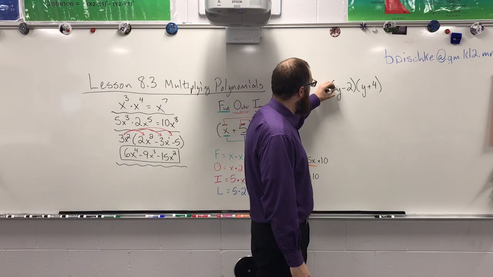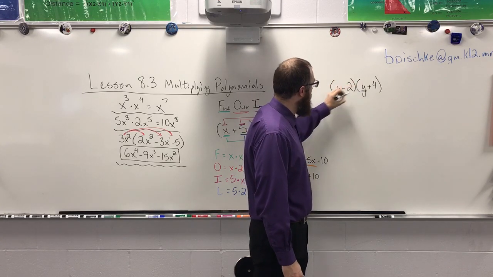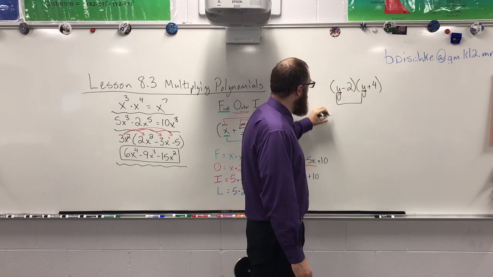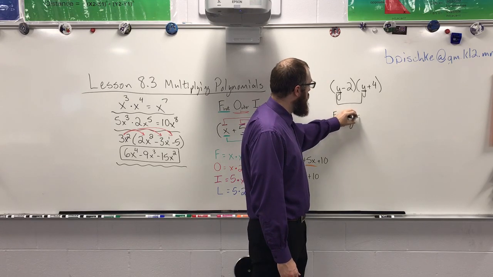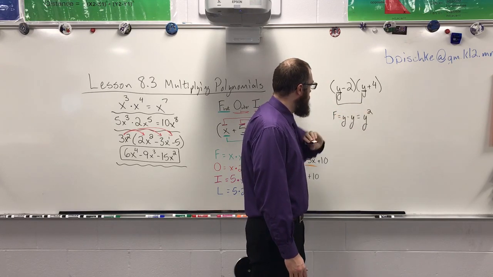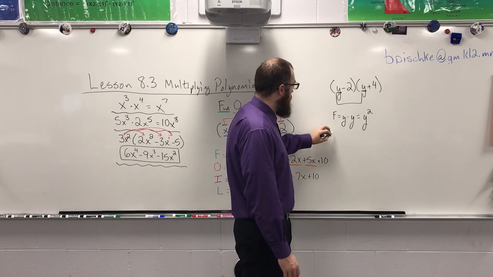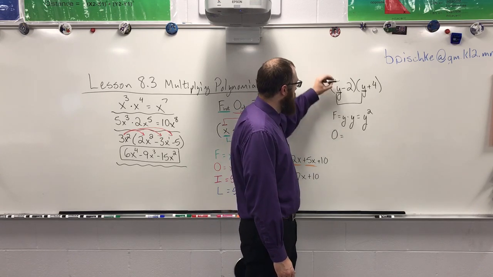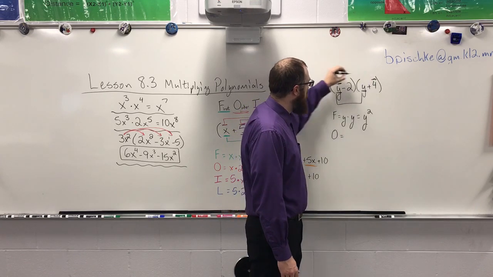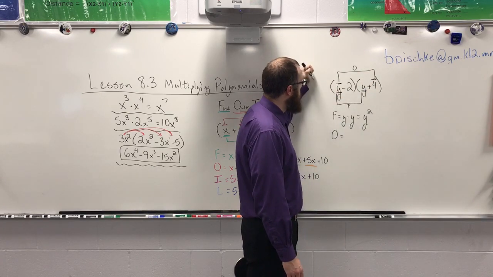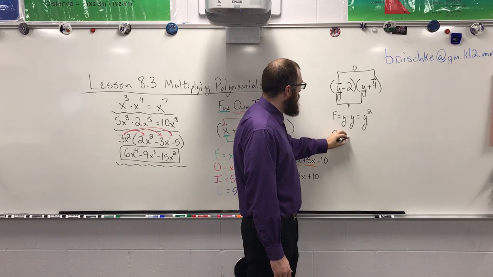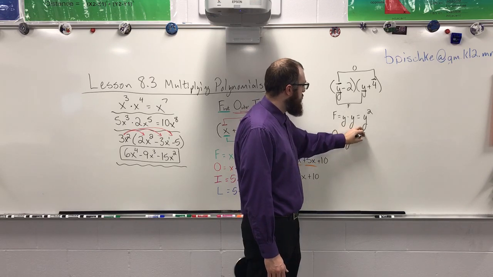First, give me y and y, which is y times y, or y squared. My outers is y times 4, which is 4y.